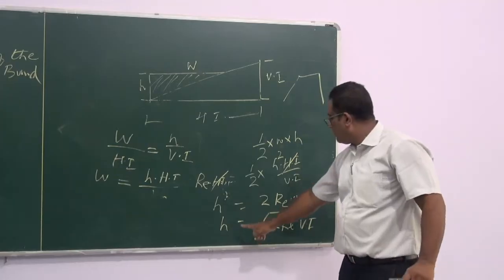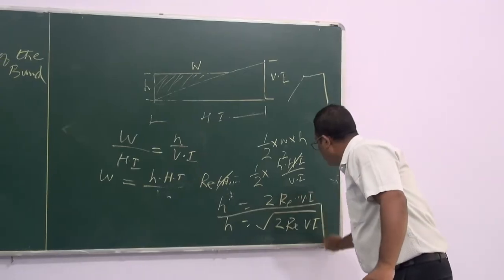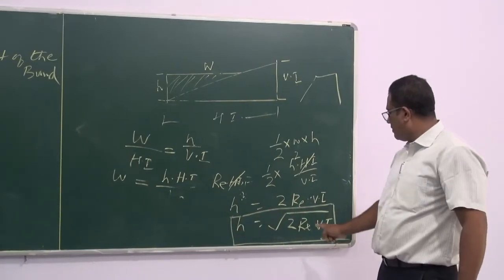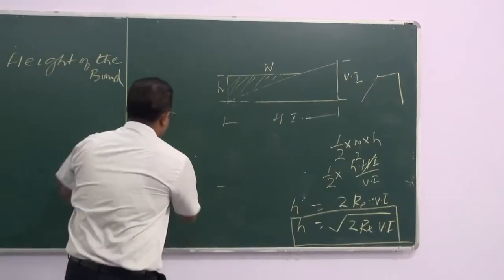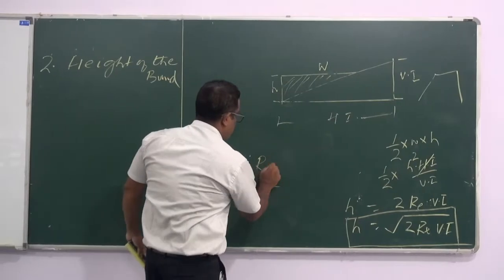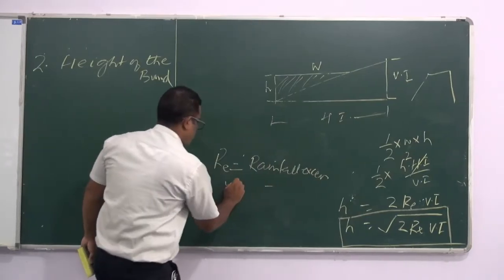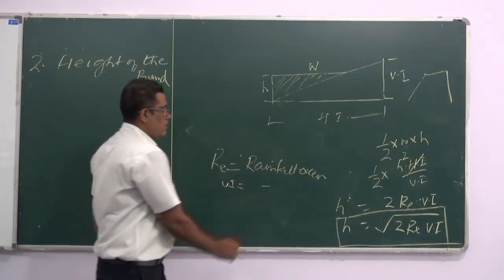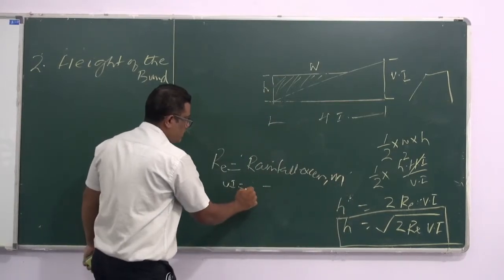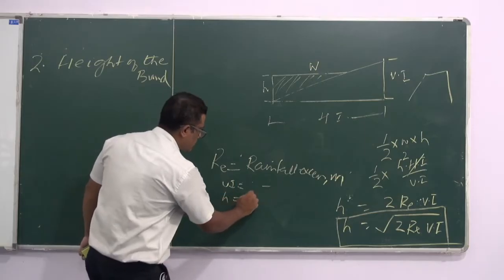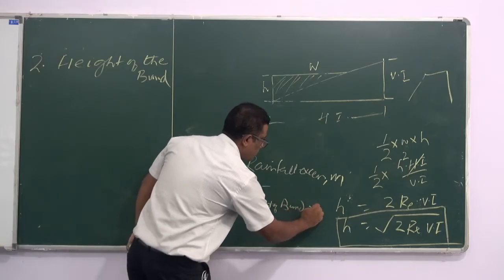So we can find the height of the bund by this formula, where RE is the rainfall excess, VI is the vertical interval, that is vertical spacing, in meter, and H is the height of the bund in meter.